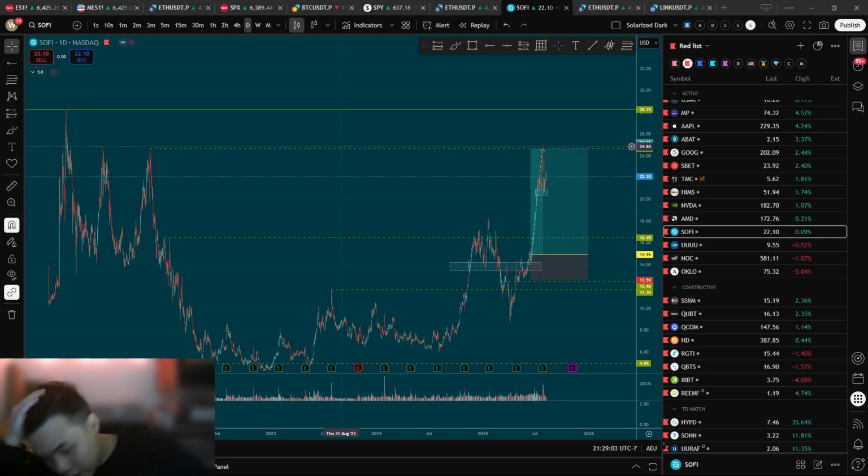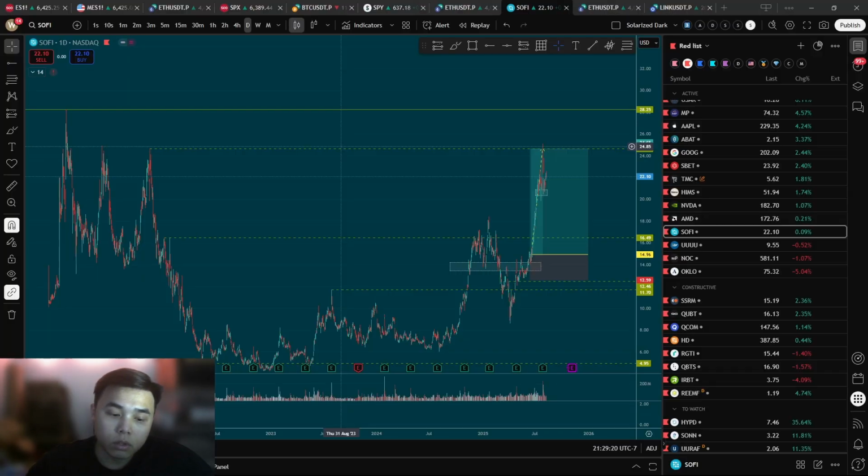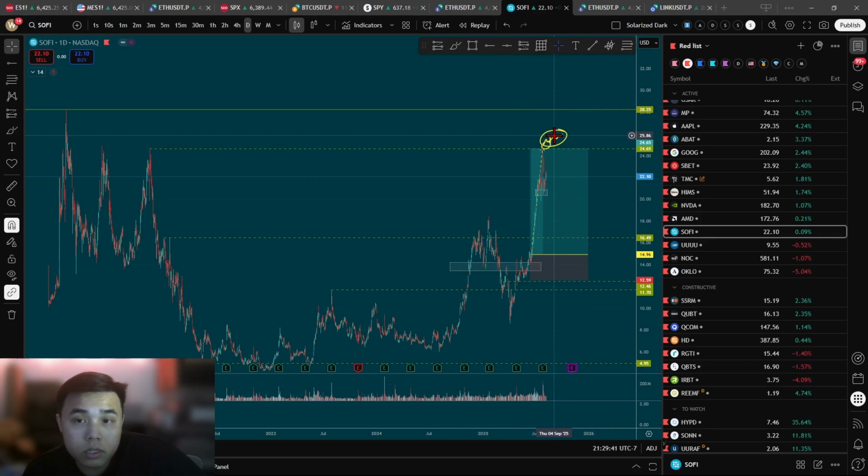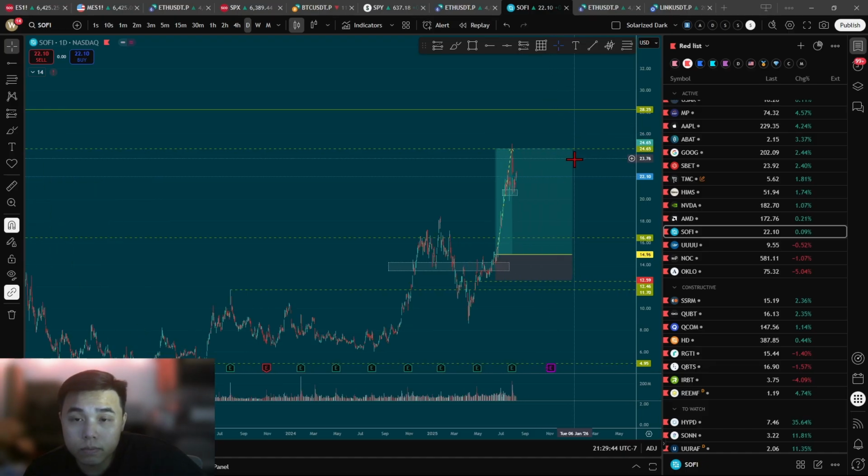And at these levels, they're just PvP, which means that if it can show acceptance above or below the level, then you know that whoever won that battle of PvP, either the bears or the bulls, it's probably going to go in that direction, right? So if this went above the level and sustained price action above, this would be a great opportunity to long it to the next level, 28. That's just how the system works with these trades.